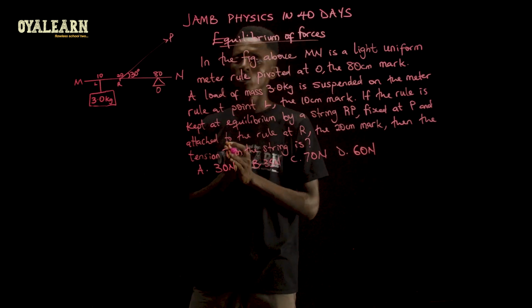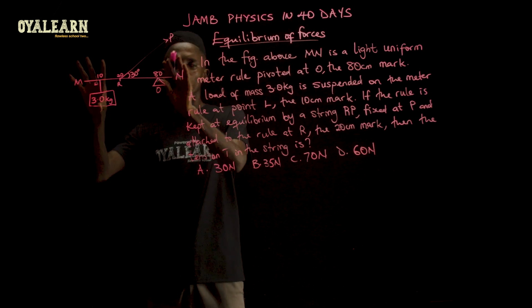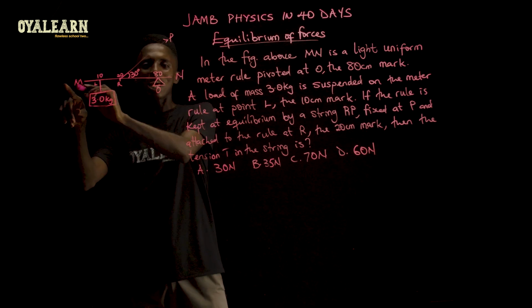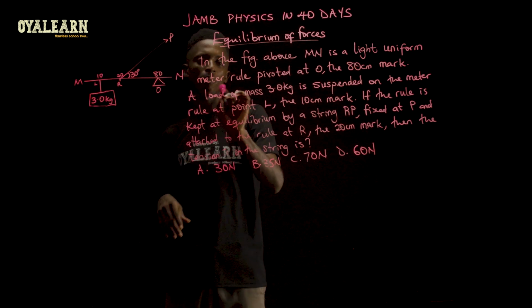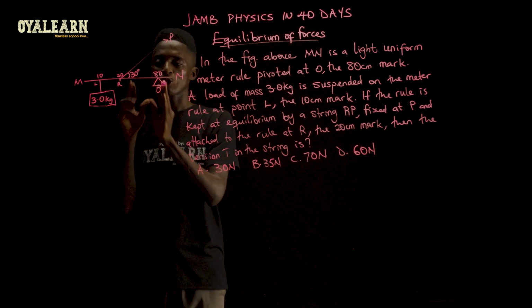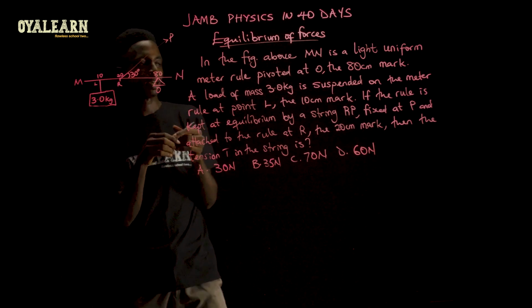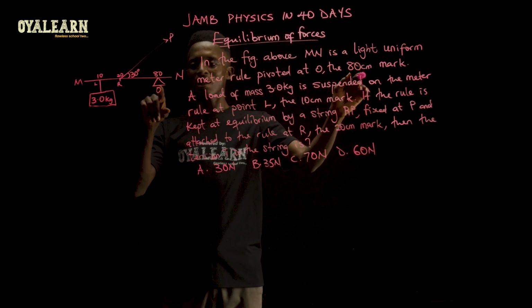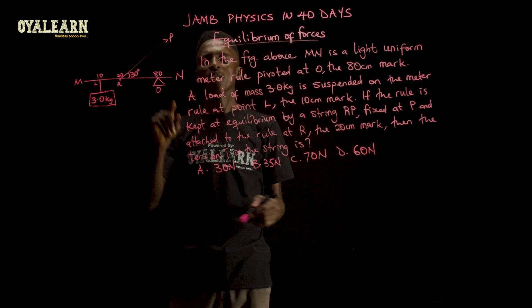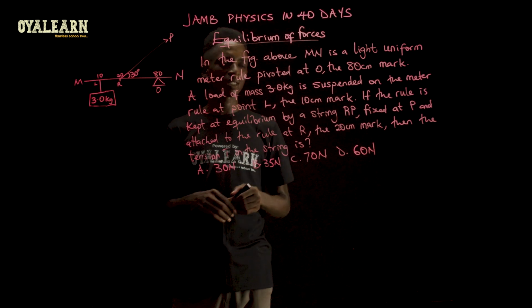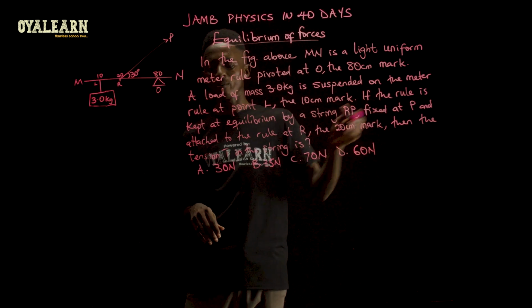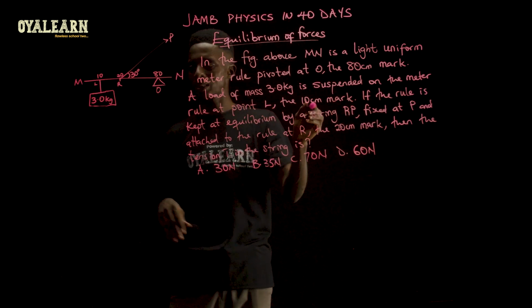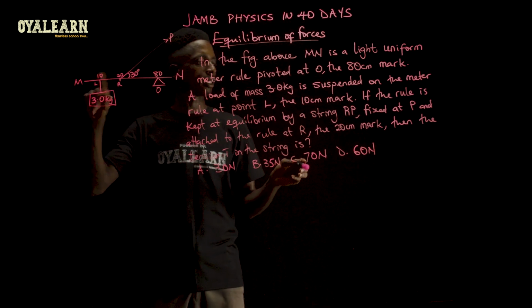In this question, we're told from this figure that MN is a light uniform metal rule, which implies that it does not have a weight, it is weightless. And it is pivoted at point O, which is the 80 centimeter mark. So we have the pivot here. And then a load of mass 3.0 kg is suspended on the metal rule at point L, which is the 10 centimeter mark here.